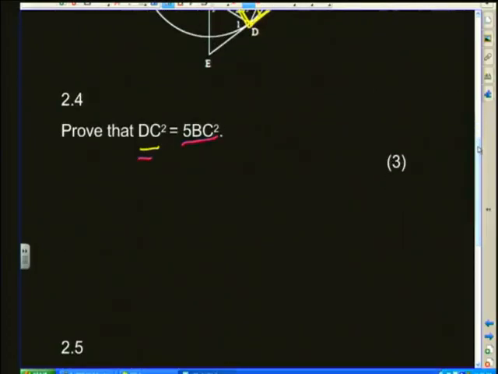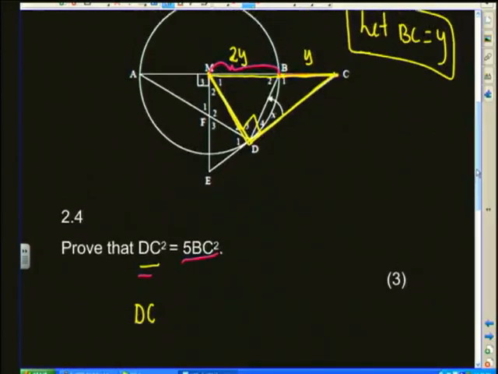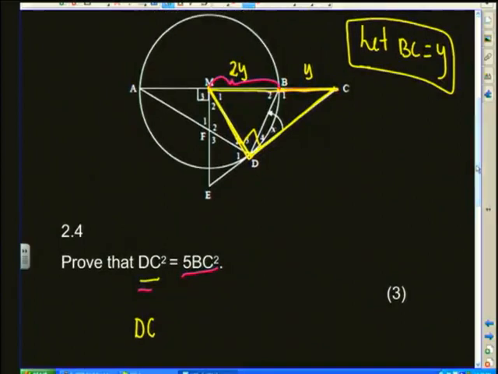Remember, in what they've asked you to do, there's no MDs and all the rest of it. There's only DCs and BCs, so we want to set up everything to look exactly like that. Only DCs and BCs, no MBs, MD, and all the rest of it.